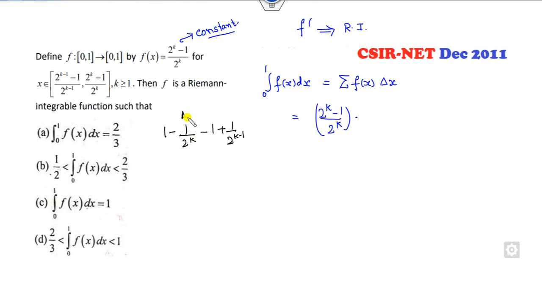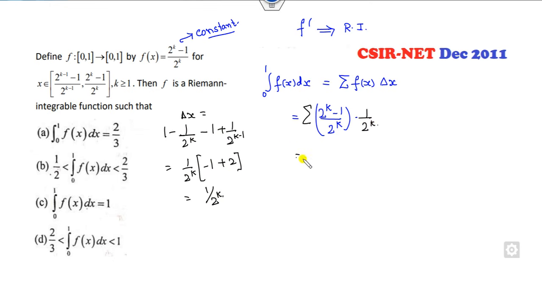This is the length of the domain. So 1 will be cancelled out, and 1 over 2 raised to power k common, plus 2, it is 1 over 2 raised to power k. With 1 over 2^k common, it is a minus 1 and a 2. So yes, that is the domain.